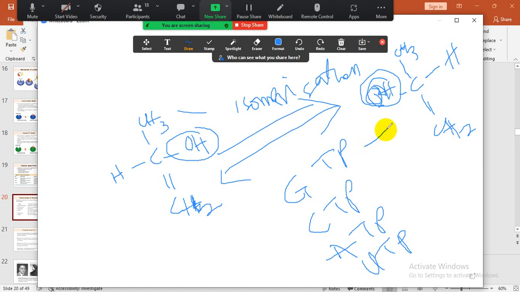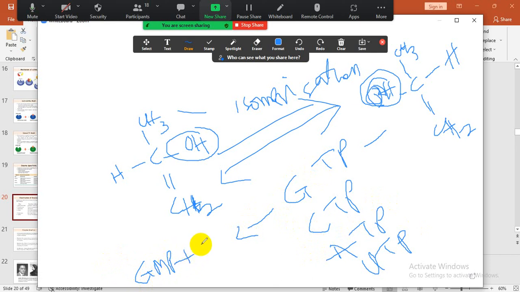So these are energy compounds, high energy compounds. So if the cell needs energy, then GTP or ATP is what is used. GTP will be broken down to what? GMP, that is guanosyl monophosphate.